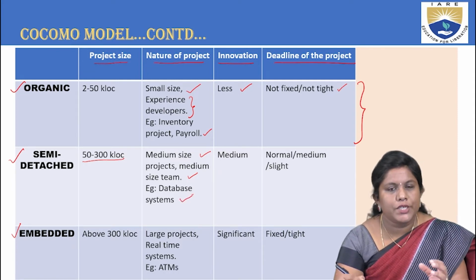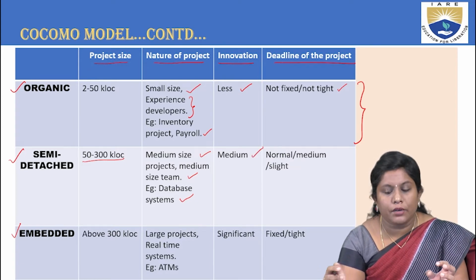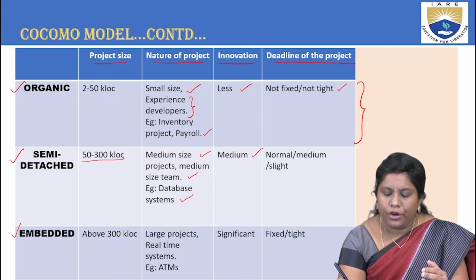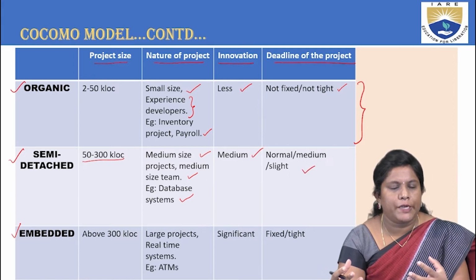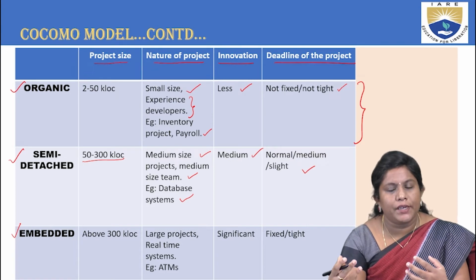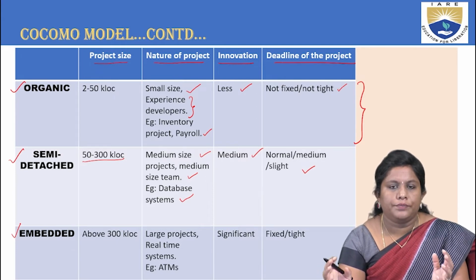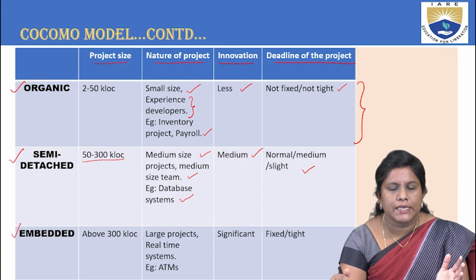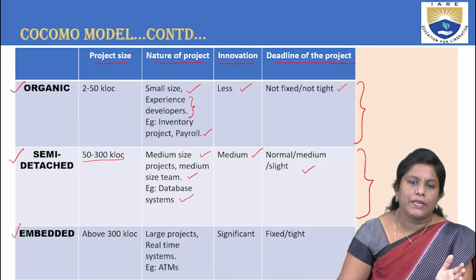Innovations are also at a medium level. Talking about deadlines, they are normal and not that tight. If they specify a particular date and it is not done, it can be two days later. There is no fixed date, so it is considered normal for the semi-detached mode.